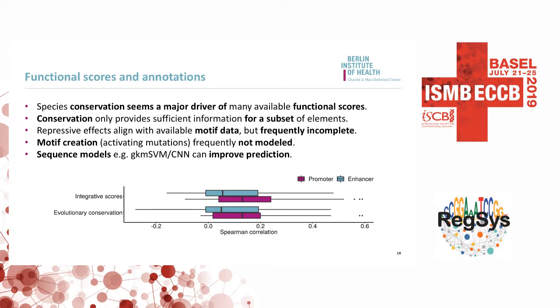I think what we really need is to integrate more of these sequence-based models, like gapped k-mer SVM or convolutional neural networks, really trained on sequence information, so that we can improve the prediction. Because right now the integrative or functional scores basically use conservation, and the prediction is pretty much the same for all of them.